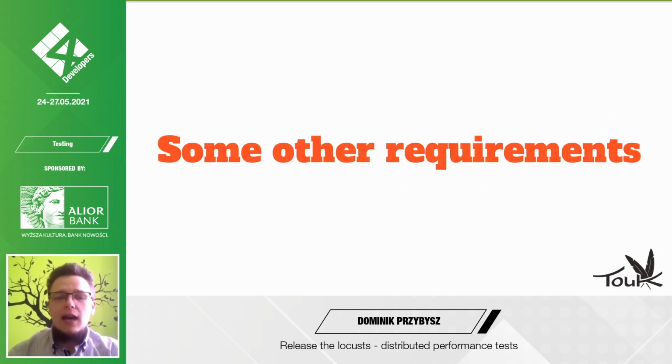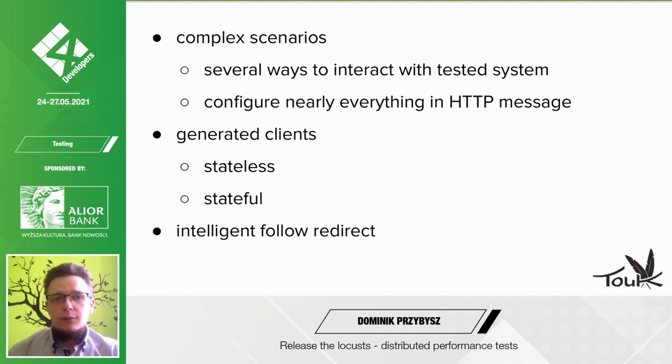We also have some other requirements for our system. For example, because there are several ways we interact with our system, we wanted quite complex scenarios where we mix them. And we wanted to configure nearly everything in the HTTP messages sent to our system to check which parameters are best for interacting with the resources of our system.